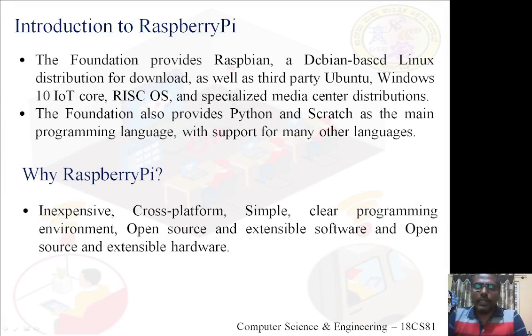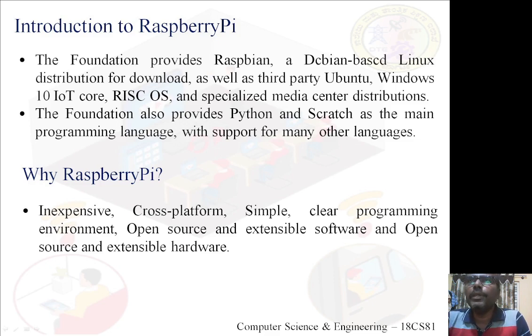I said the SD card we are going to use to load an operating system. Got it? Now the Raspberry Pi Foundation provides one default operating system, which means an official operating system, and that is Raspbian.